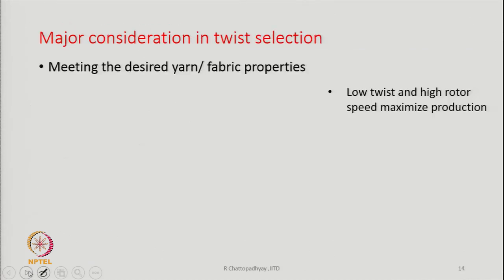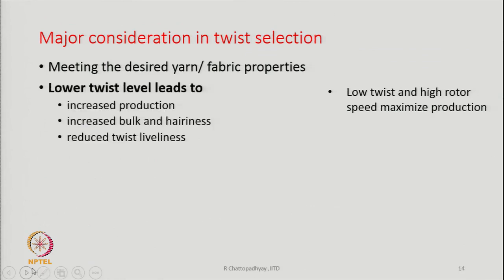The major consideration in twist selection is meeting the desired yarn and fabric properties. That becomes the most important consideration for twist selection. Generally we know that a lower twist level leads to increased production, increased bulk and hairiness, and reduced twist liveliness. So, these are the advantages of keeping a low level of twist.